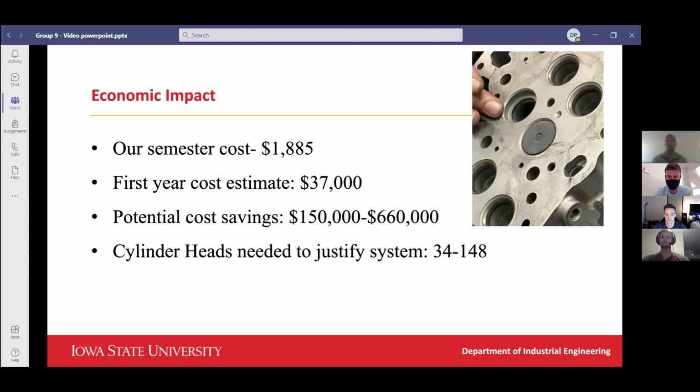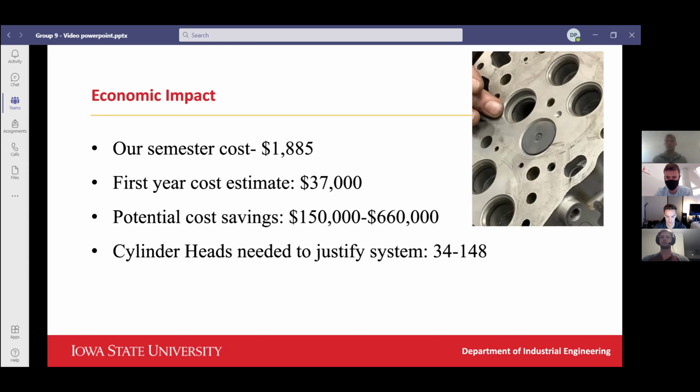The potential cost savings, through some assumptions, we worked out that there's a potential for 600 of these cylinder heads to be caught in 1 year. And the cost of cleaning each cylinder head for John Deere is somewhere in the neighborhood of $250 to $1,100.